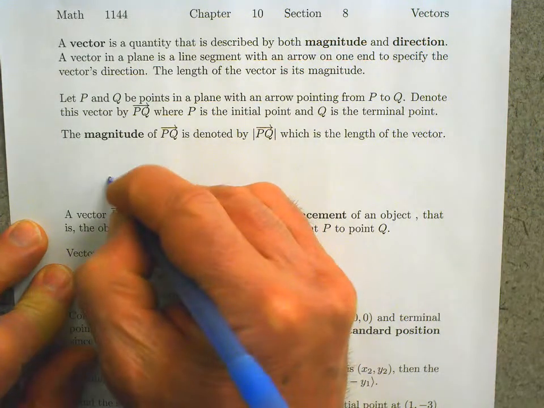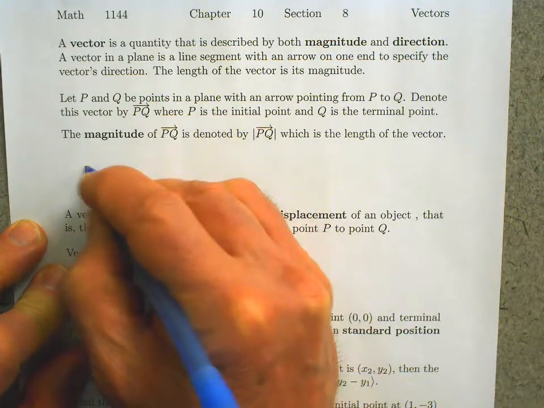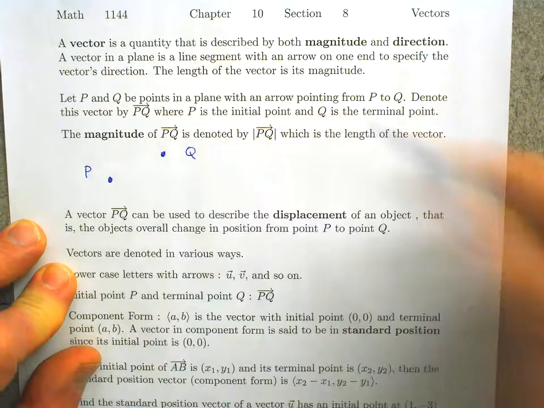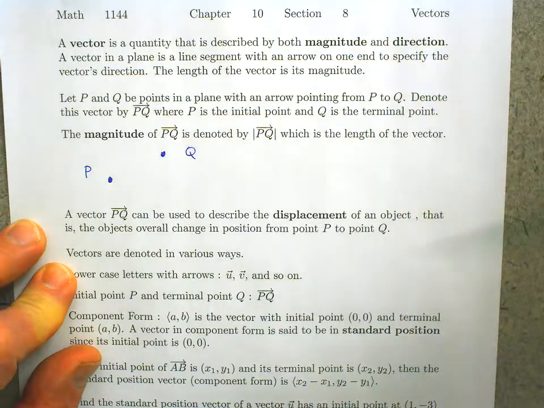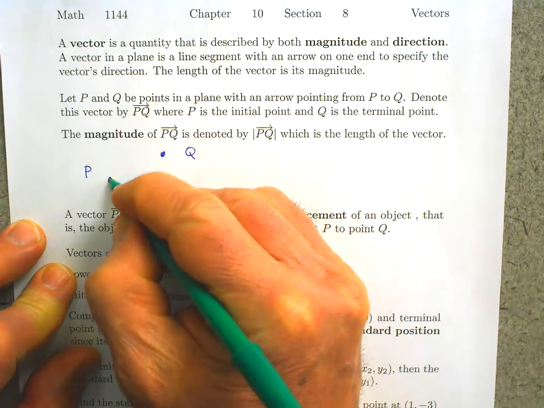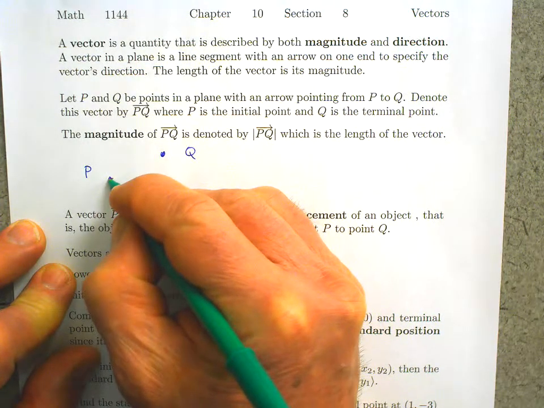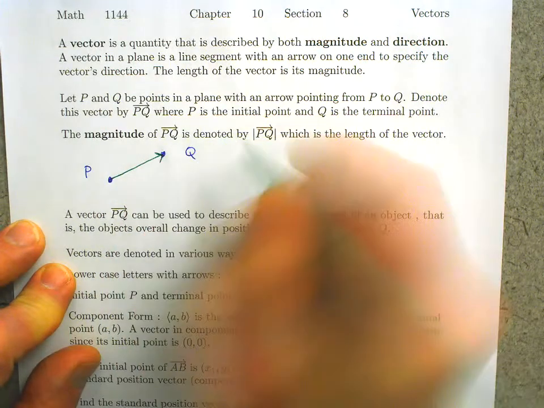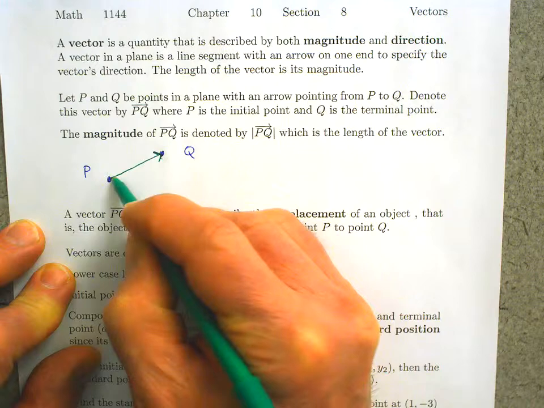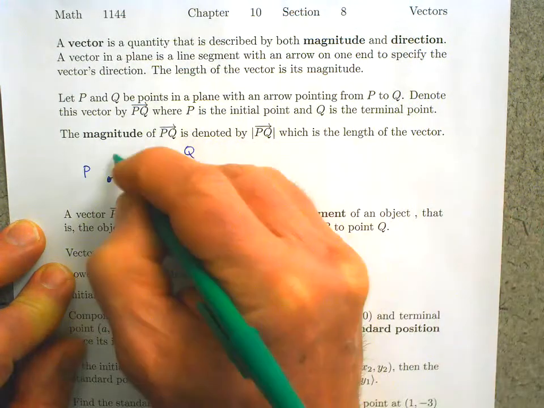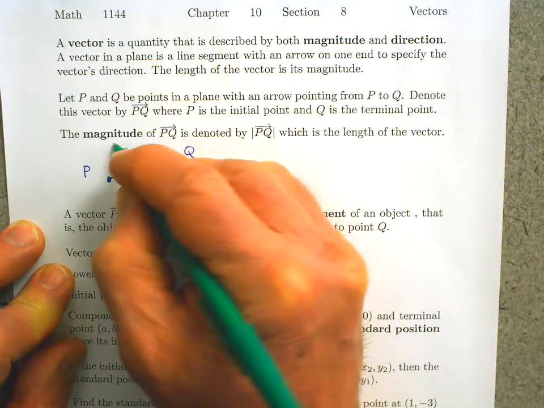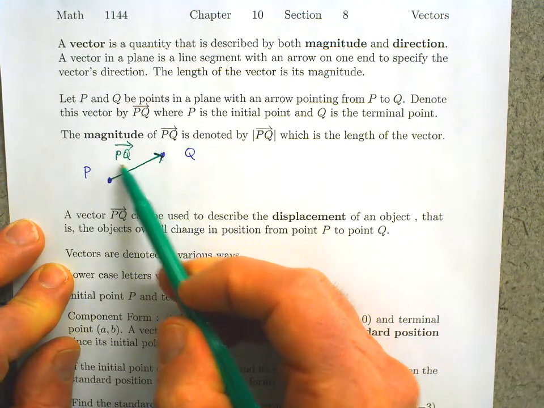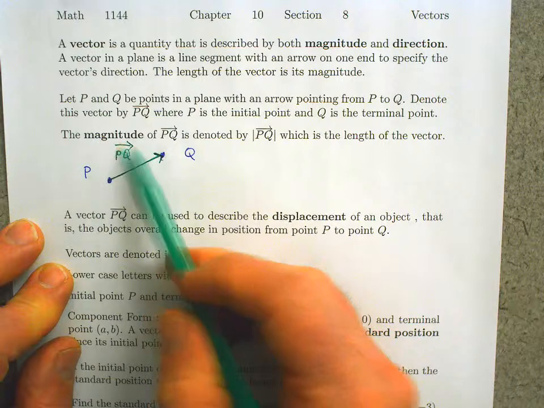Okay, so if we have a point P and another point Q in the plane, then the initial point of the vector is at P and the terminal point at Q, and the arrow indicates the direction, we can denote that vector by using this symbol, PQ with a rightward arrow.